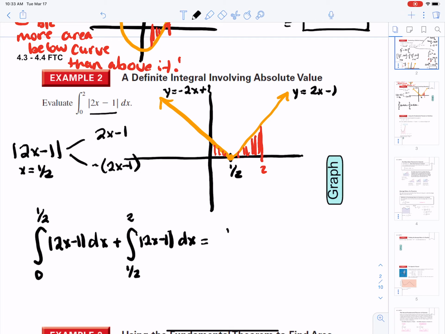So now I can sub those functions in. You're going to get the integral of negative 2x plus 1 dx from 0 to 1/2, because you have the negative of that function, plus the integral from 1/2 to 2 of the positive version of that function.